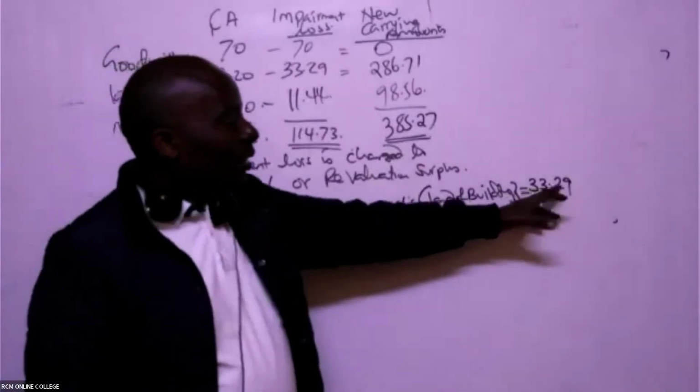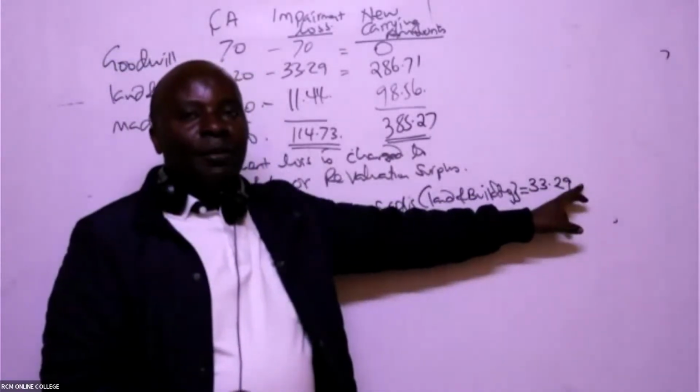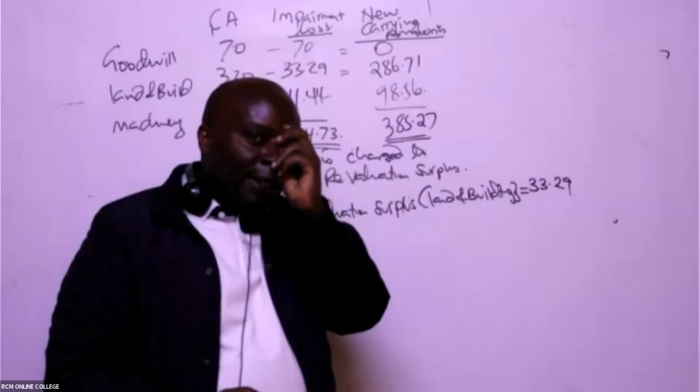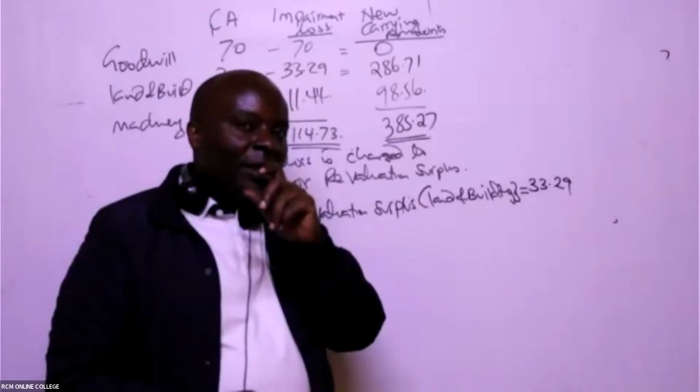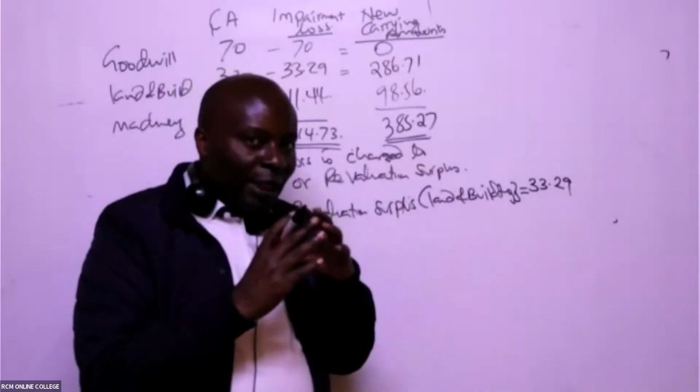Fortunately, this is less than 65. Remember that the revaluation surplus account has 65, so our impairment loss is well within that.